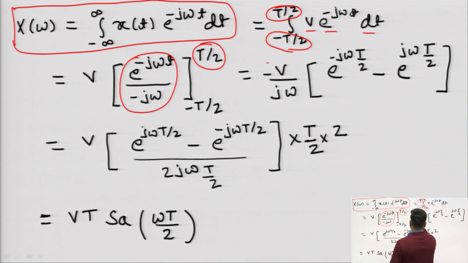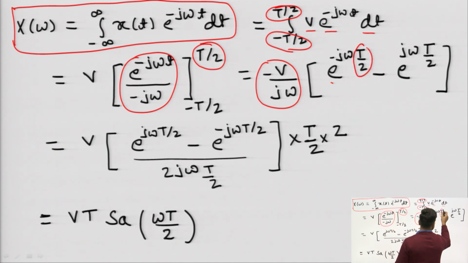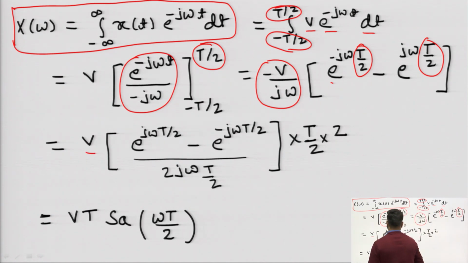Now, taking minus 1 by j omega and putting in the limits, we get e to the power minus j omega T by 2 minus e to the power j omega T by 2. So we have V times e to the power j omega T by 2 minus e to the power minus j omega T by 2, divided by j omega.